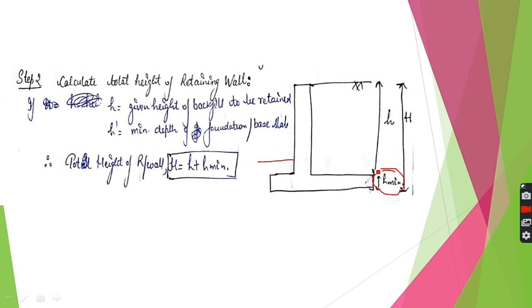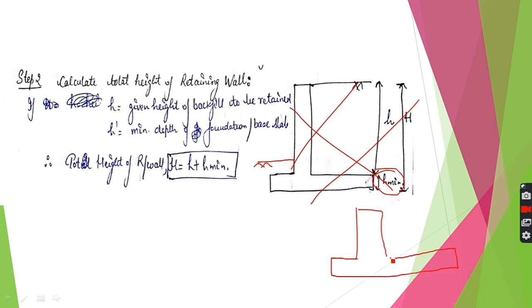Sorry, I think this diagram is incorrect. I will redraw it. If this is your retaining wall and this is the ground level, you will be given this height, that is height of backfill from the ground surface, and this is h minimum.